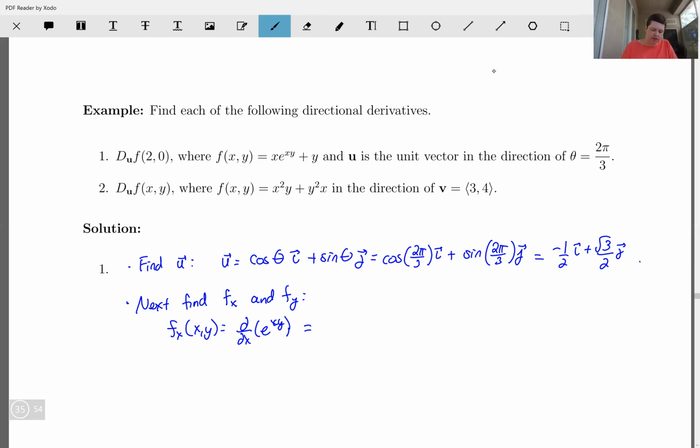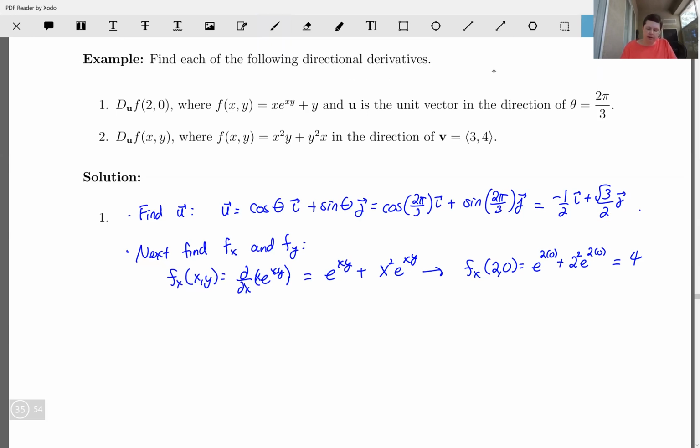I feel like I dropped an x there. So I'm going to get e to the xy plus x squared e to the xy. And when I evaluate that at the point (2, 0), I get e to the 2 times 0 plus 2 squared e to the 2 times 0, also known as 4.